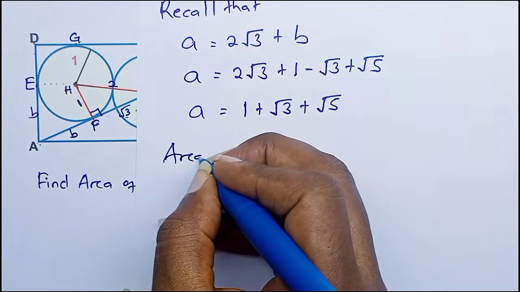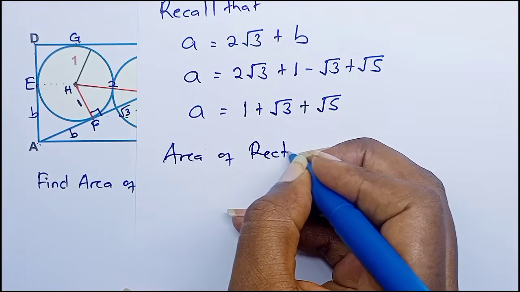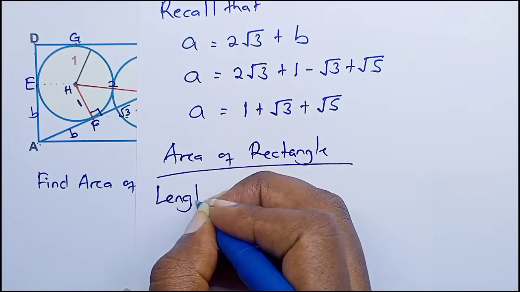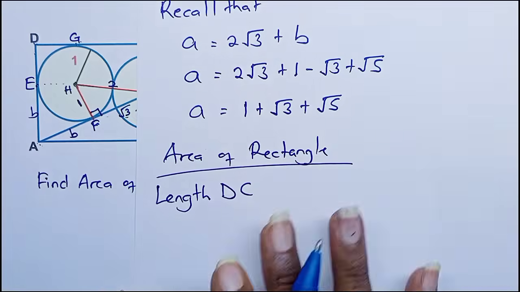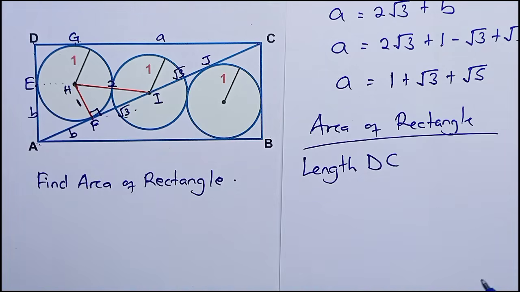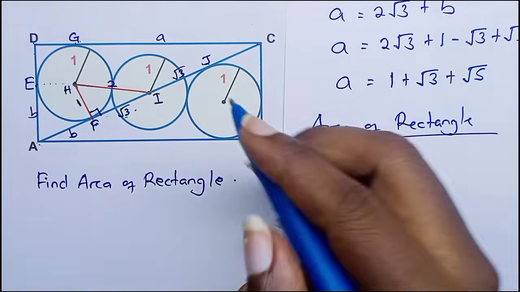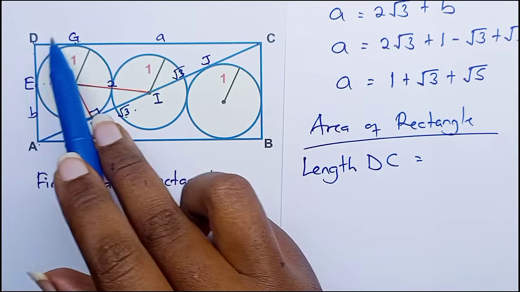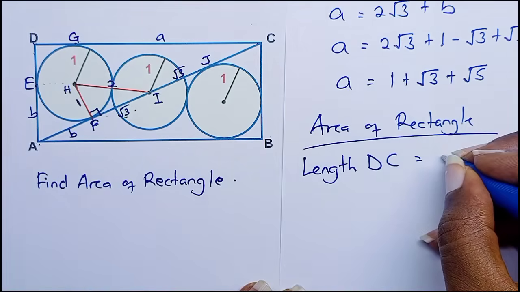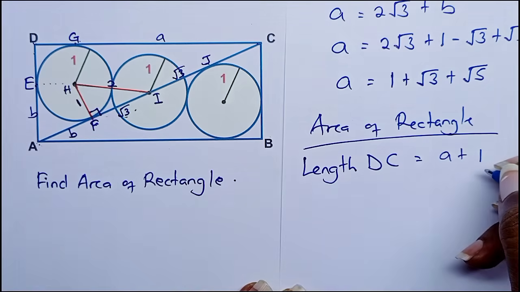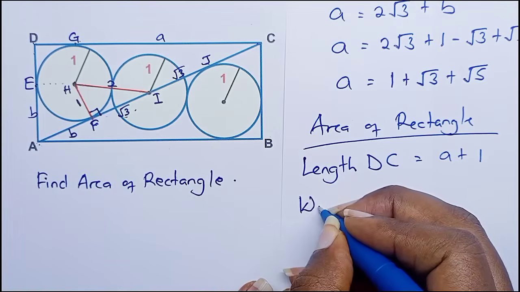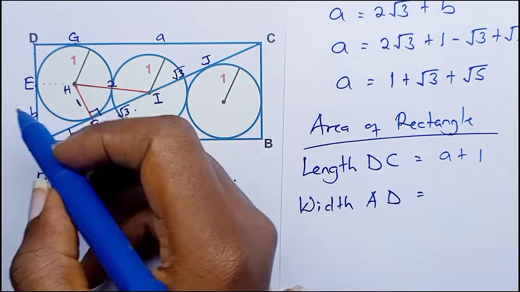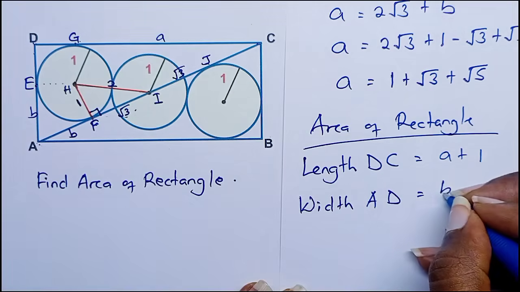Next, now we have to find the area of the rectangle. So the length, which is DC, remember this is equal to the radius 1 plus A, which is A plus 1, okay? And the width AD is equal to B plus 1.